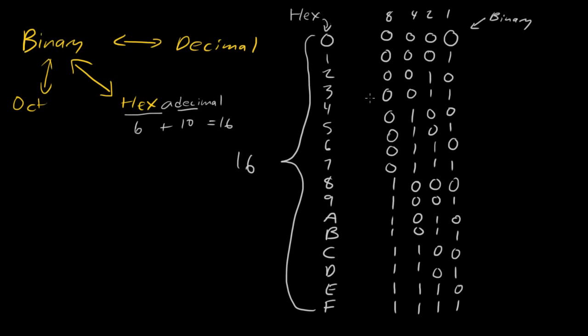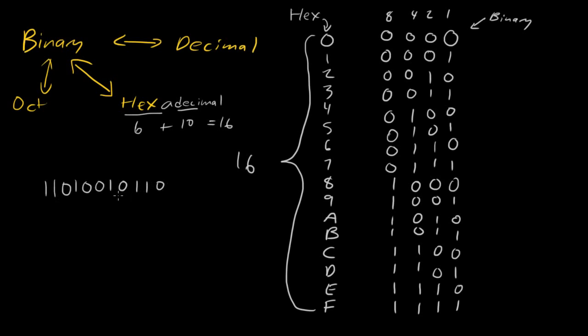So suppose I have some random number in binary. Let's just take a look at that. Suppose I have, say, 1 1 0 1 0 0 0 1 0. Let's look at this number here, our binary number.